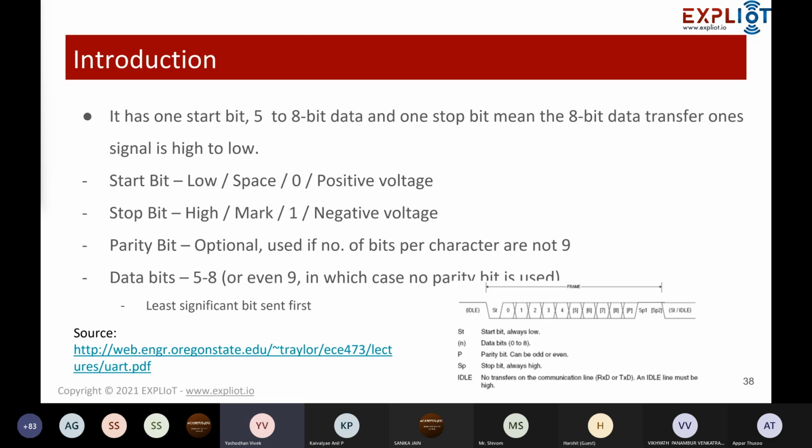But when you start communication, since it's a universal asynchronous communication, when you say asynchronous, it means that there is no reference clock for that. And when you don't have such a reference clock, what we need is some reference bits to make sure the data is being communicated properly.